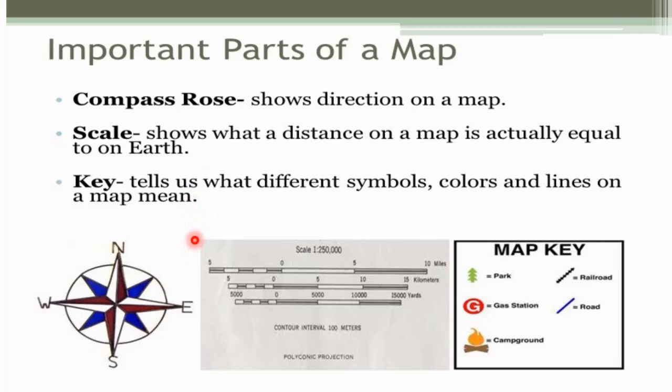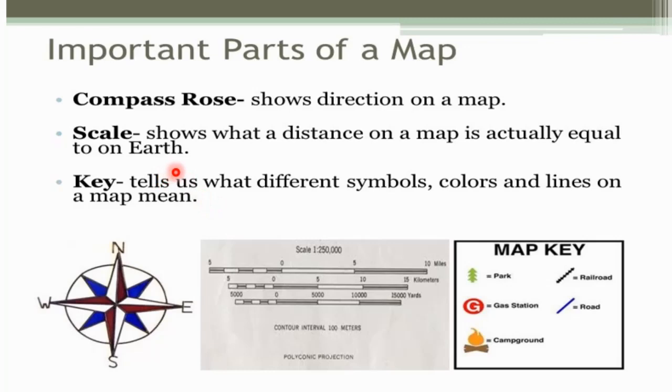Students, next is scale. Scale is a very important tool in map making because it gives us an idea of how we can draw such a large area on a small paper. Scale is a ratio between ground distance and map distance.